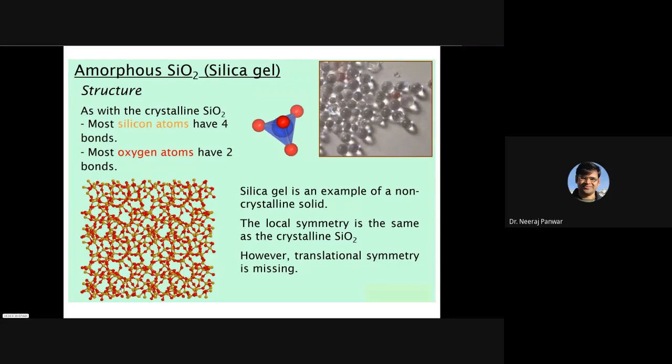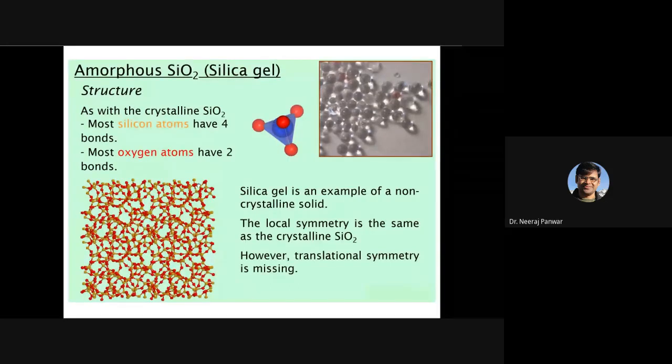By translational symmetry, I mean that whatever arrangement and orientation I see at this point, if the same type of arrangement I see here, that is the meaning of translational symmetry.